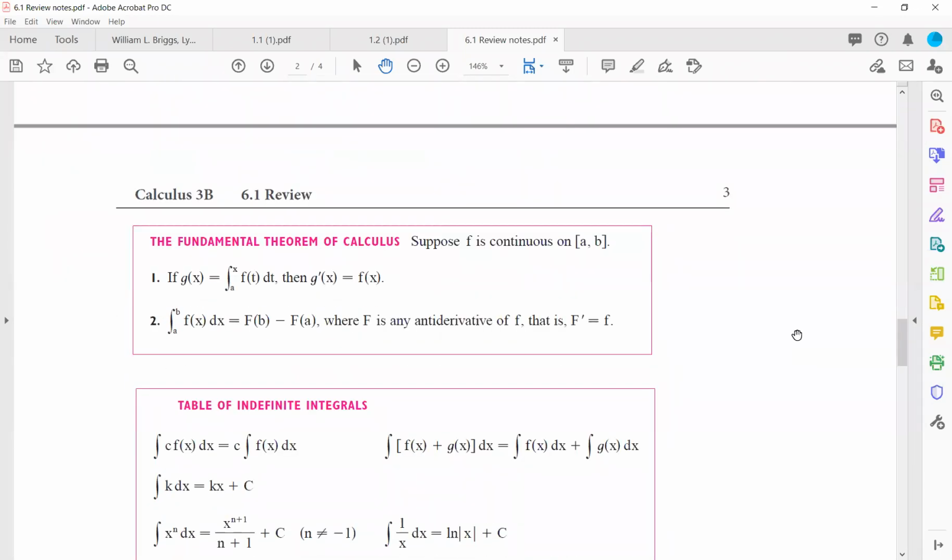Now let us talk about the fundamental theorem of calculus and go over some integrations. The fundamental theorem of calculus says, suppose you have a nice continuous function f on a closed interval a to b.